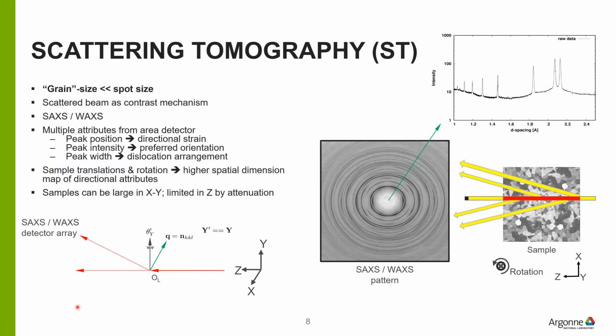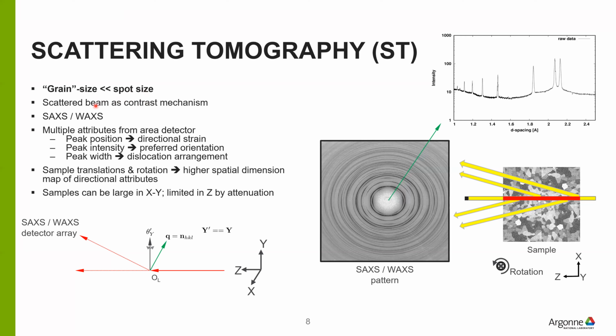So now, we start to look at scattering and using that as a contrast mechanism to study materials. I'll start off by saying that while we advertise this session as a high energy diffraction microscopy session, and typically HEDM is associated with getting individual grain information, I would like to expand that definition a little bit to include basically microscopy that uses high energy X-rays to look at materials with grains of a variety of sizes.